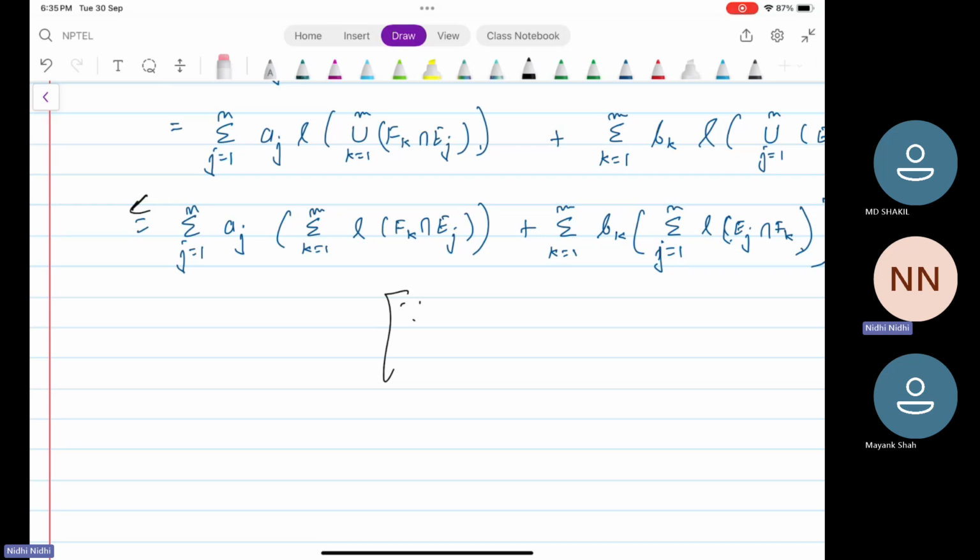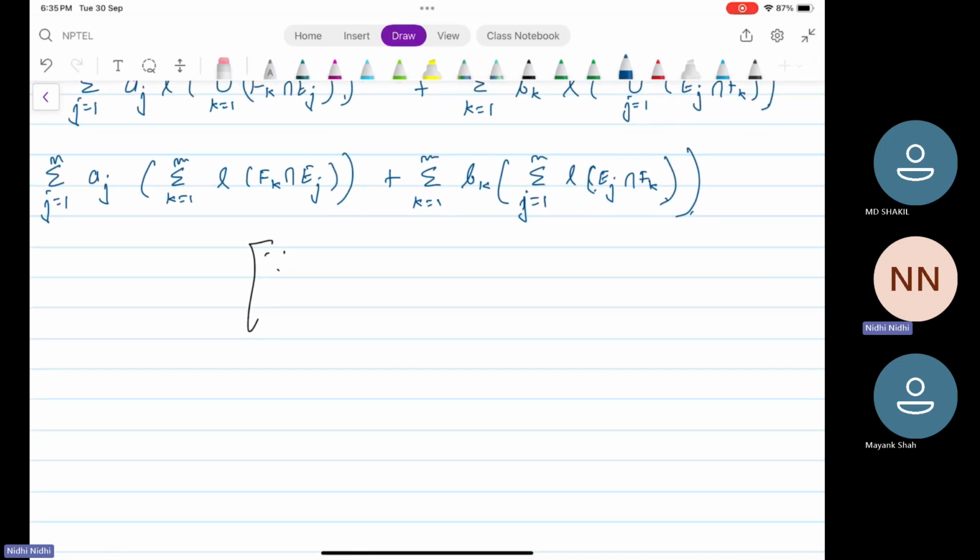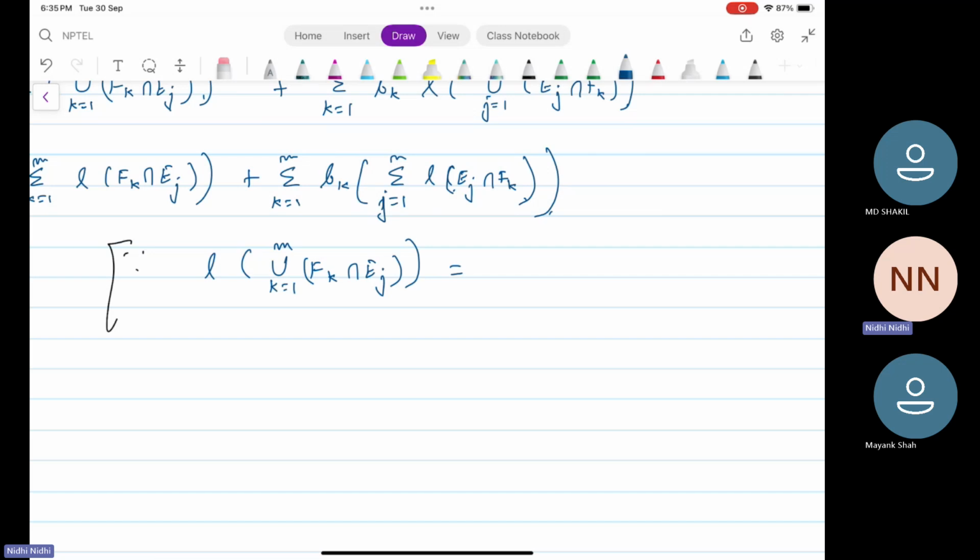But in this case, we'll have equality because we have the length of the union k from 1 to m of fk intersection ej equal to the summation k from 1 to m.